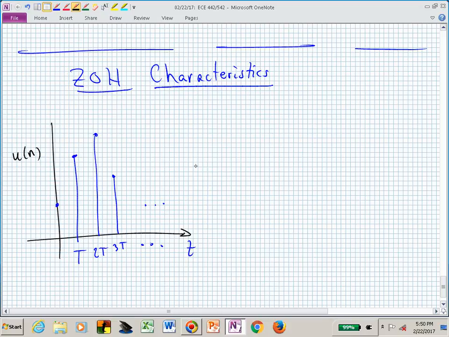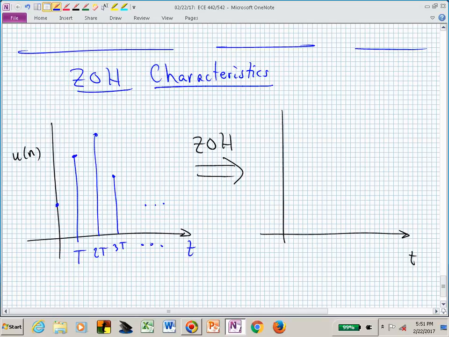The zero order hold process is what I tried to describe before, which is if you give me a number, I'm going to hold that number with my zero order hold, and I'm going to apply that number for the entire sample period.